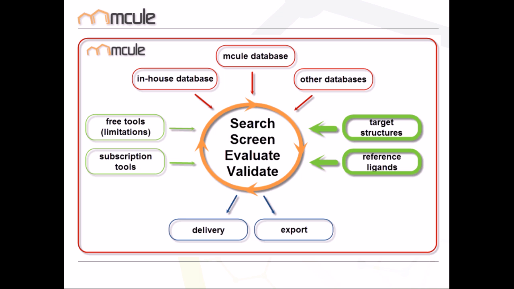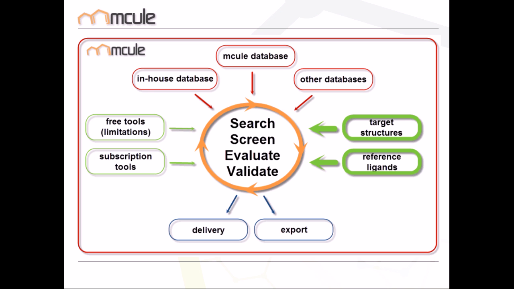The other important component of the whole system is that for evaluation and validation purposes, we also provide reference ligands. Soon we will introduce structures from the ChEMBL database, which at the moment contains about 10 million bioactivity data points for a little bit more than 1 million structures.